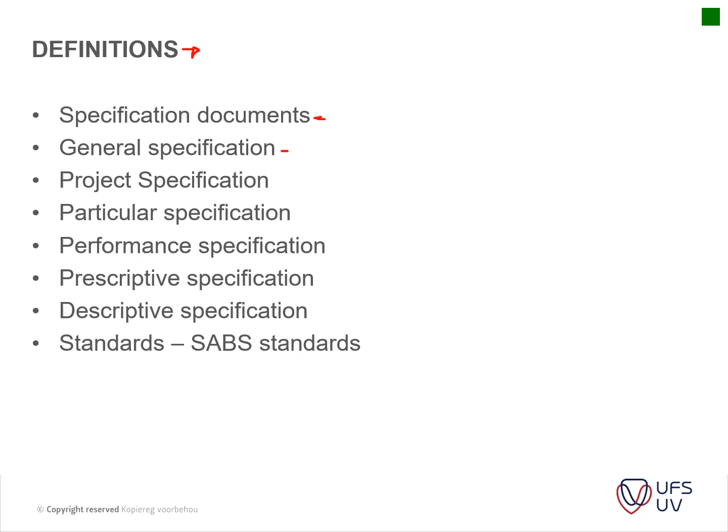Okay, then you've got your project specification. General specification. Your general specification usually describes the project as a whole. It's located, for instance, in Bloemfontein.